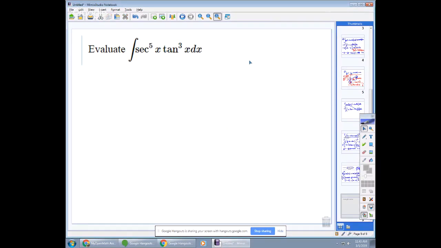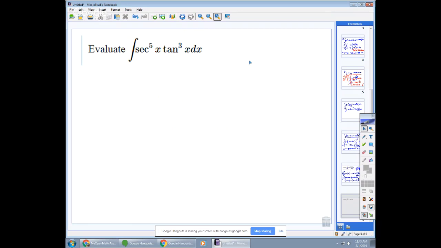All right, so I think I did a problem like this yesterday, and the nice thing about the problem yesterday is that the secant squared was hanging out, which is the derivative of the tangent. Now the problem here is I have odd powers, not even. And so there isn't a tangent squared hanging out, because if I pull off a tangent squared, I'm going to have a regular tangent floating around, which is going to be a nuisance.